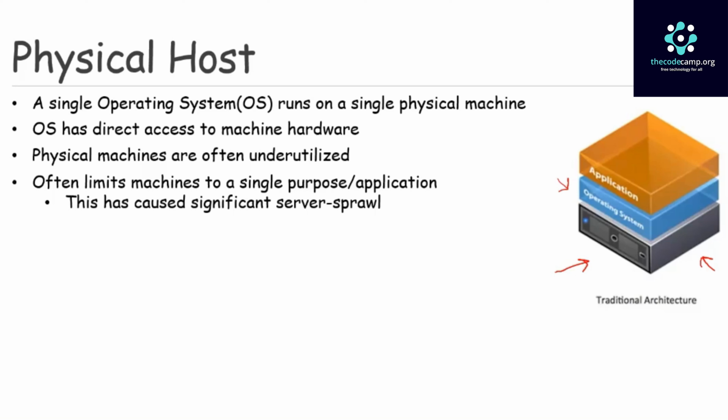Every time you need to spin up a new machine, you need to physically send someone out there to rack and stack a new physical device, to set up a new operating system, and to get that going.